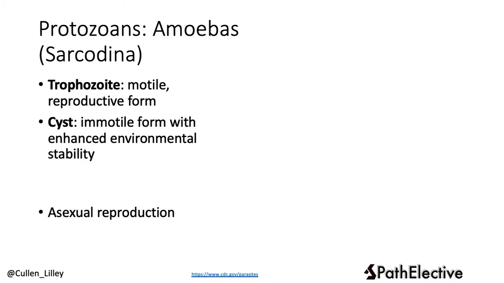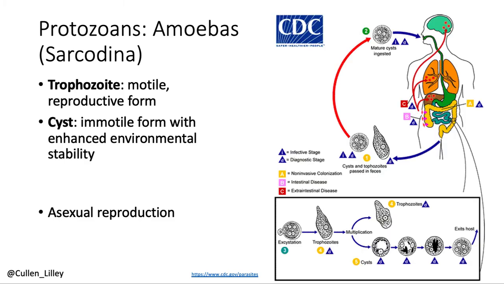One of the examples of amoebas that we like to use is Entamoeba histolytica. Entamoeba histolytica can enter the host as the cyst phase and then will transmit through the organism in its trophozoite phase.